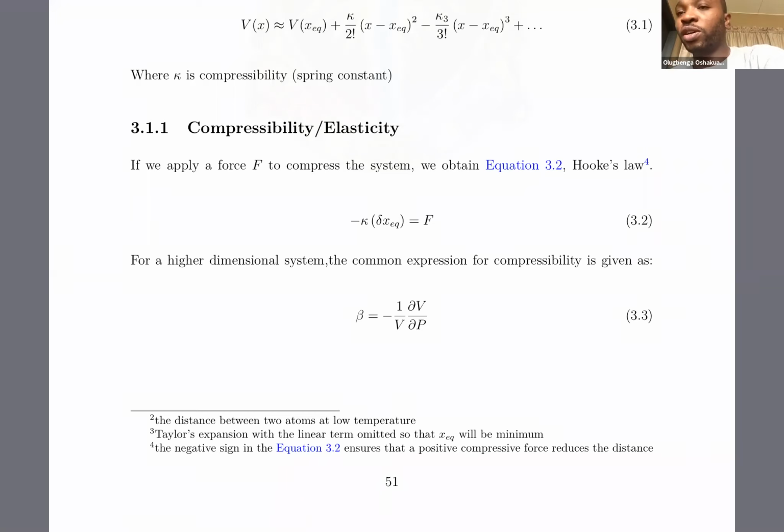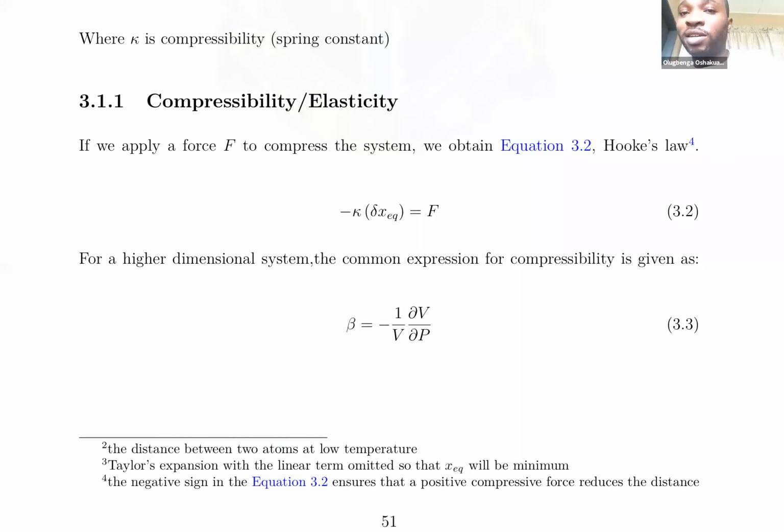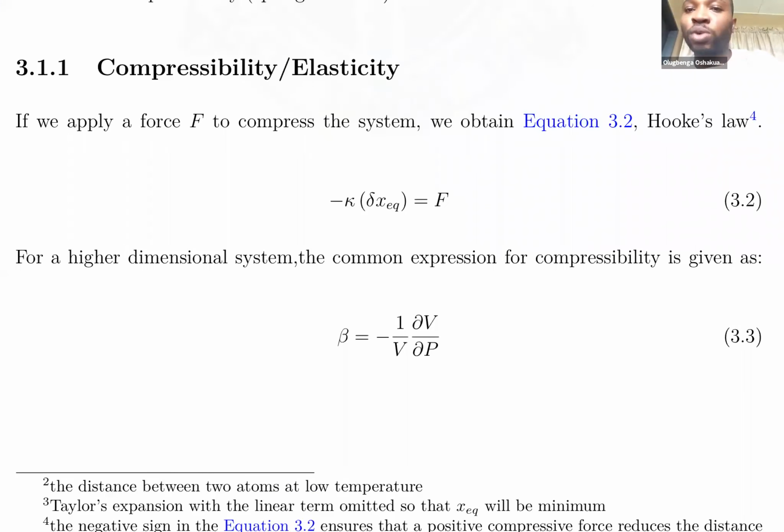And let's bring Hooke's law into this discussion. Hooke's law tells us that F is equal to KE. You must have heard that severally. F is equal to KE, and E is extension. Extension is the change in position or change in length.